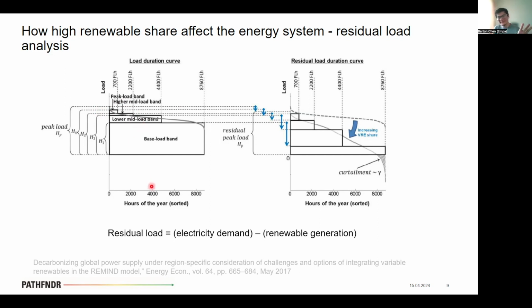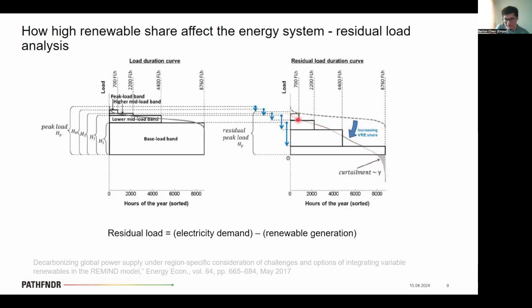So once we analyze this duration curve, we can convert it to another curve. We call this the residual load. Basically, residual load is the electricity demand you saw on the left-hand side diagram minus the renewable energy generation, which here could be wind or solar. So if you have an original electricity load, you subtract the renewable generation, and then you get another curve.